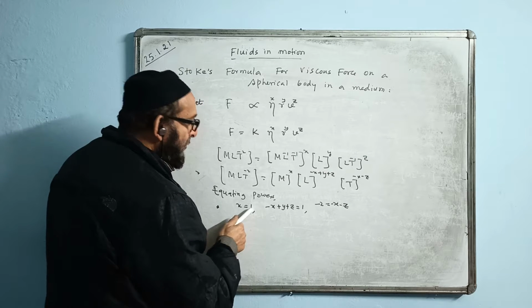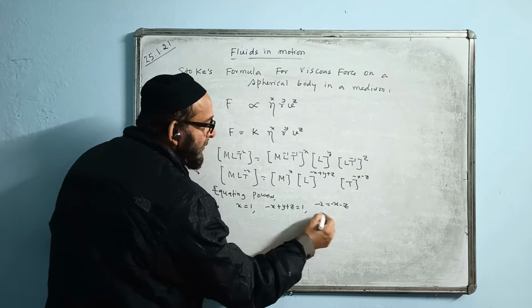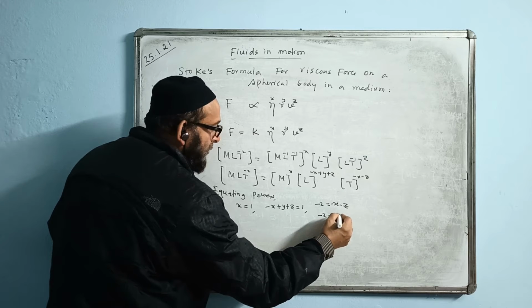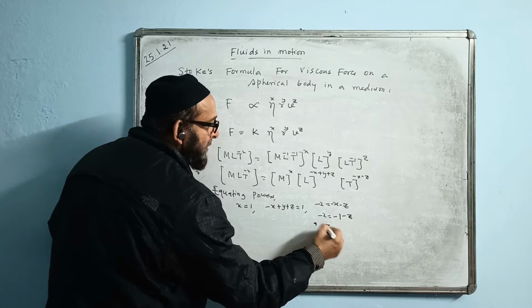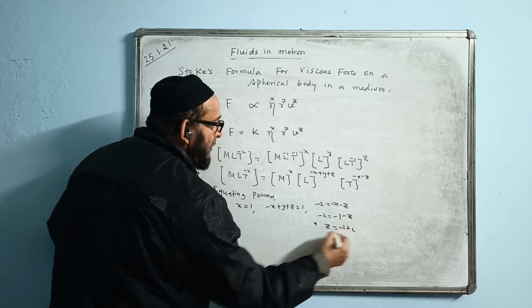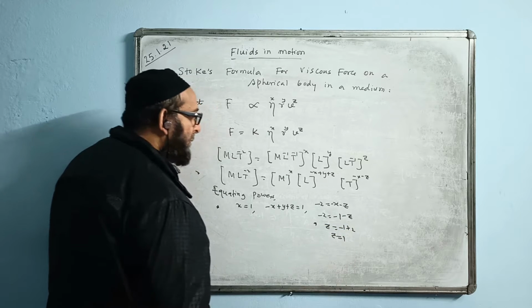We have x equal to 1, so putting it here, minus 2 equals minus 1 minus z, so z becomes 1.